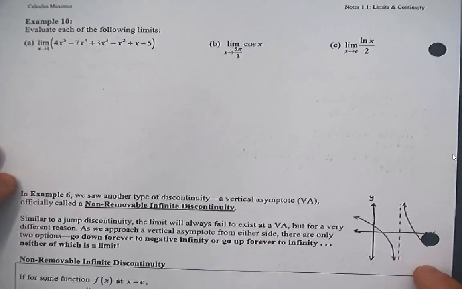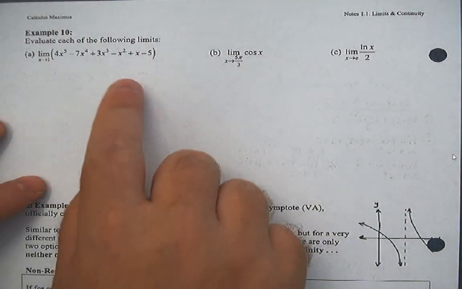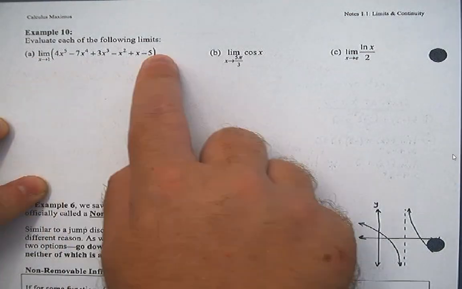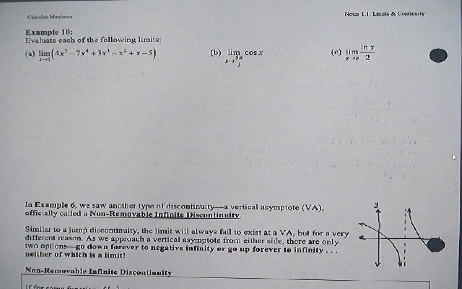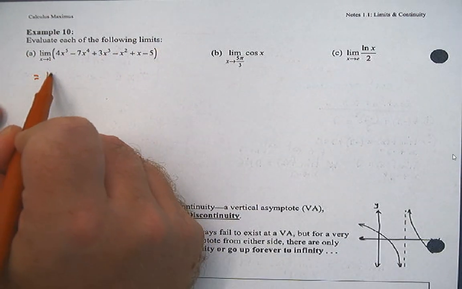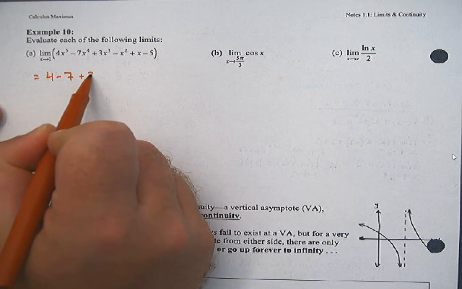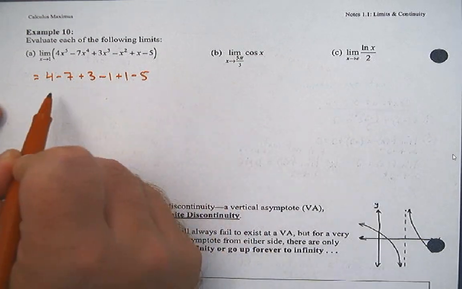Now, most of the time, limits aren't too bad to handle. If you can, you should always just try to plug and chug. Don't assume that there's a problem. If I want to figure out the limit as x approaches 1 of this polynomial, I'm not going to have any issues there, so I can just start plugging and chugging. If I put 1 in for all the x's, I'm going to have 4 minus 7 plus 3 minus 1 plus 1 minus 5.